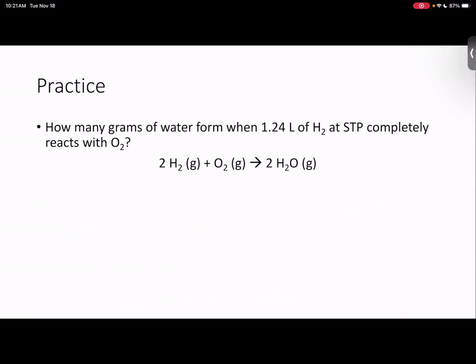Let's look at one more example. How many grams of water form when 1.24 liters of H2 at STP completely react with oxygen? I have 1.24 liters of H2 at STP, meaning that it's 1 atmosphere and 273.15 Kelvin.